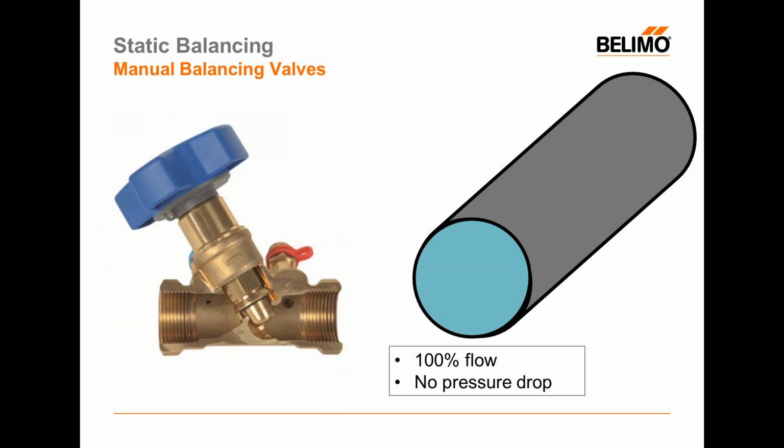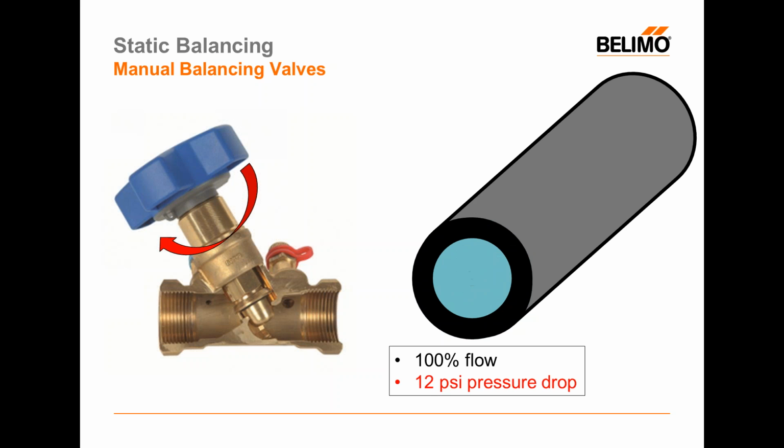So to generate the pressure drop, and if you remember, we needed to generate 12 psi of pressure loss on the first floor of our building, we're going to turn the handle of the balancing valve, and as we do that, we constrict the opening of the pipe, essentially. So we're creating a smaller area through which we push the same amount of water.